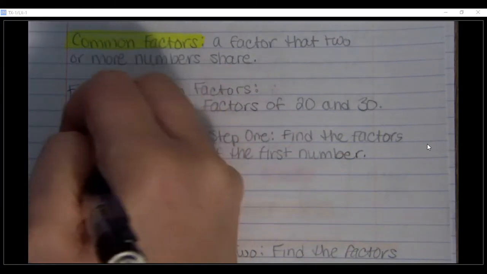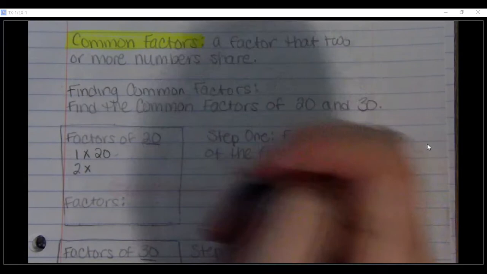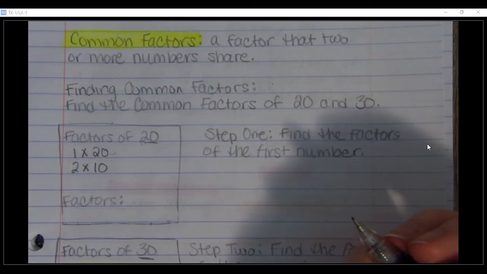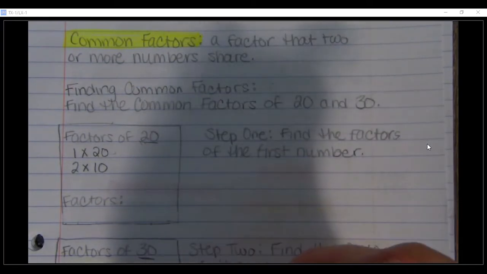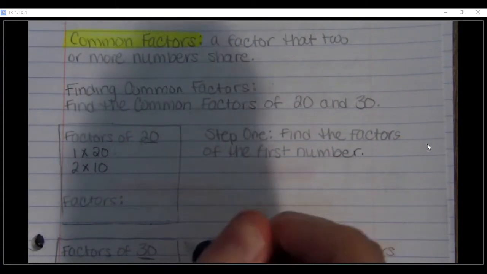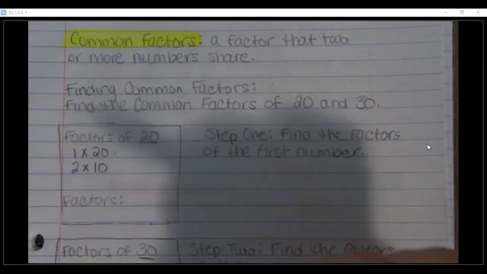Now I'm going to try 2. Let's see. I know that 2 times 10 is equal to 20. Hey, look, we have some more factors. Now I'm going to try 3. I know that 3 times 7 is 21, but that's not 20. So 3 can't be a factor.